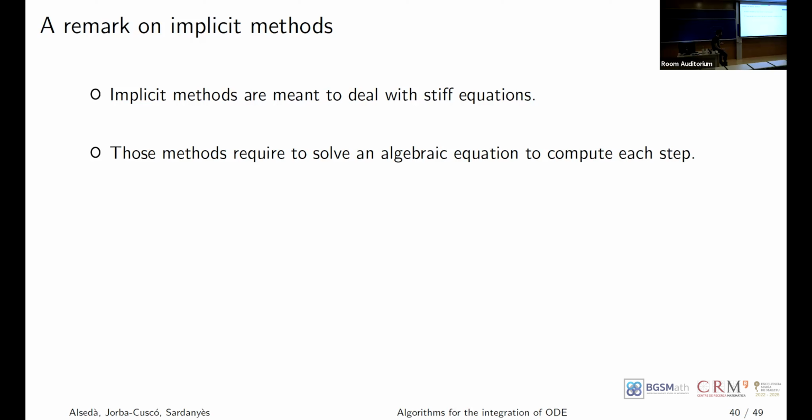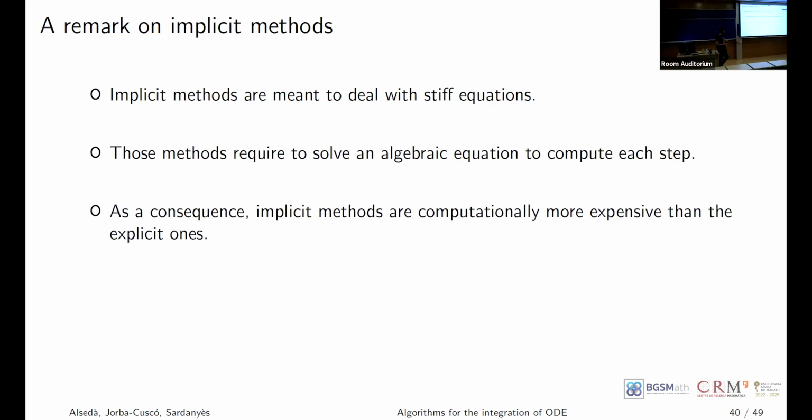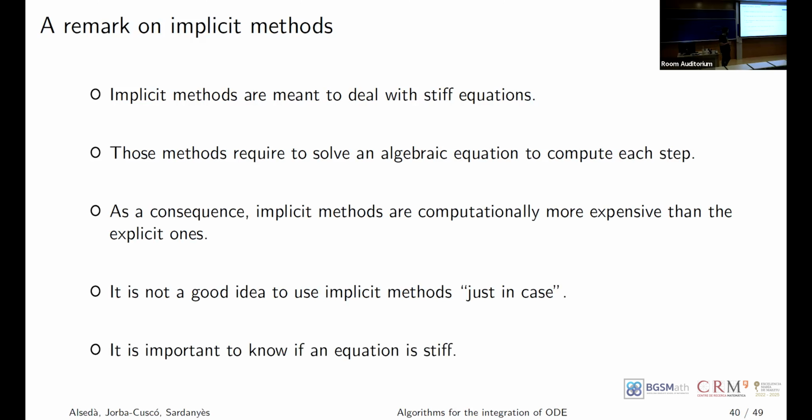It's heavier because you have to solve an extra equation. So there is no point if your equation is not stiff, because implicit methods are more expensive. So do not use implicit methods just in case there is stiffness. Okay.